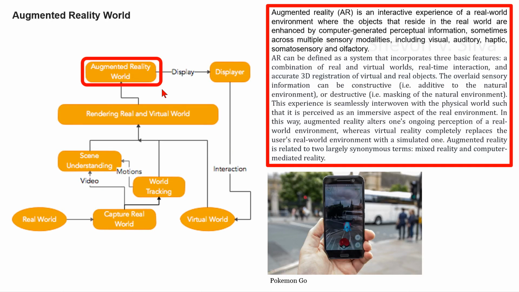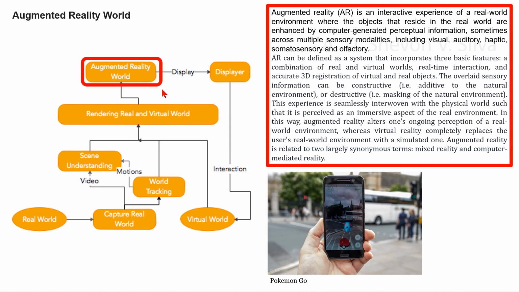Augmented reality is an interactive experience of a real world environment where the objects that reside in the real world are enhanced by computer generated perceptual information, sometimes across multiple sensory modalities including visual, auditory, haptic, somatosensory and olfactory.